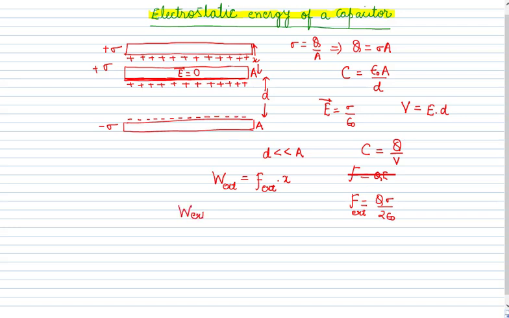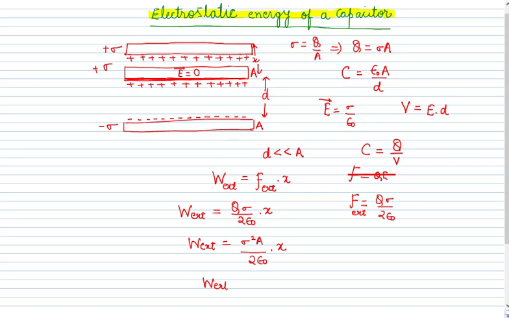Now put the value of the external work we are doing, that is Q sigma upon 2 epsilon naught, and the distance is x, since we have shifted this plate. So the external work done is equal to, again put the value of Q. Q is equal to sigma into A. So this is sigma square A. One sigma is already there, and one sigma we got from Q equal to sigma into A. So this is sigma square A upon 2 epsilon naught multiplied with the distance x.